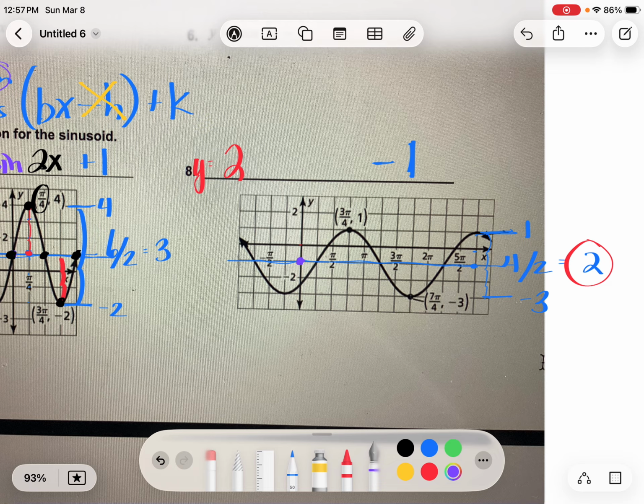Now it just depends on which way we're going to move it. So if you notice, right over here is where it hit that line, down here it hit the line. So it depends on which way you go.